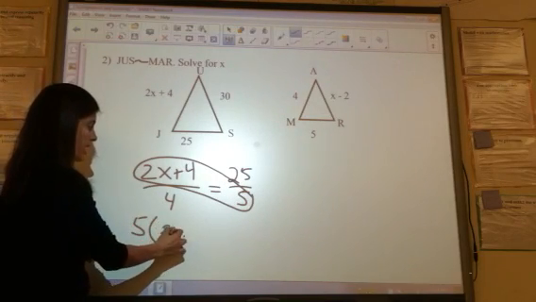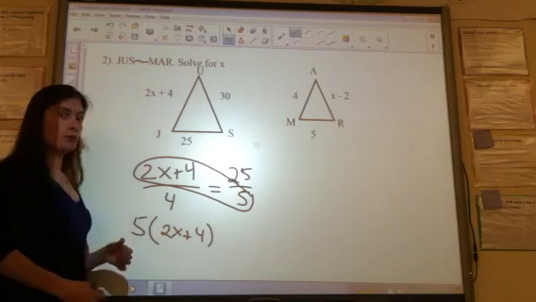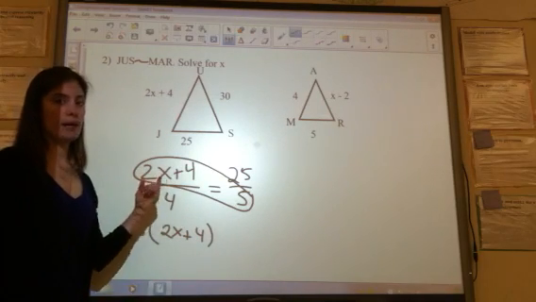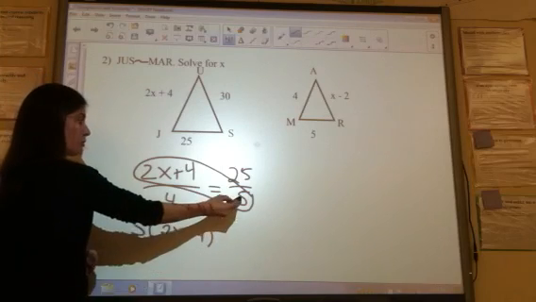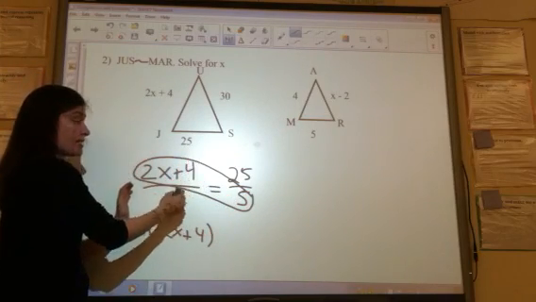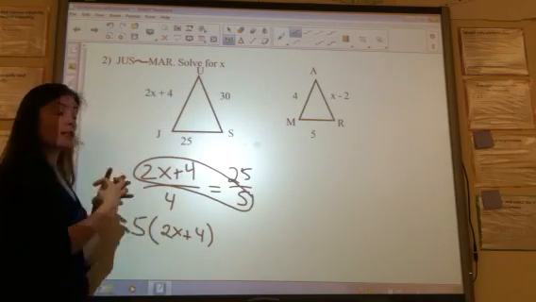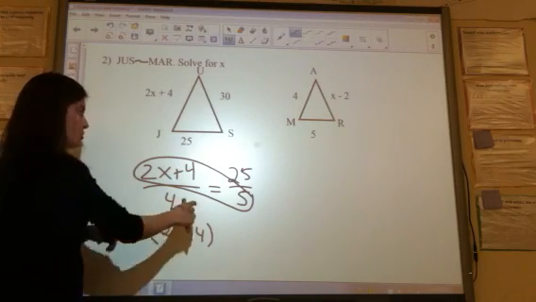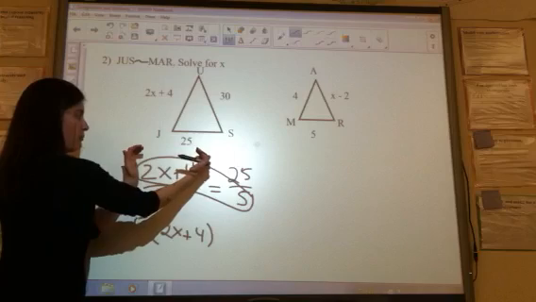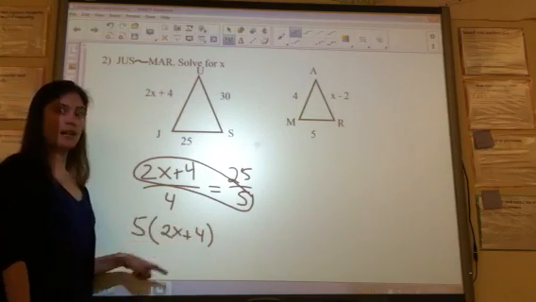This has been a constant bit of confusion for us in solving proportions with a binomial as either the numerator or the denominator. We have to make sure, because you are multiplying 5 by the quantity of 2x plus 4. 2x plus 4, even though it's a binomial, represents one single number. So you have to make sure that you are multiplying 5 by the quantity of that.